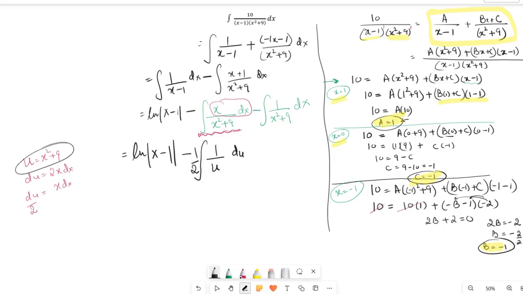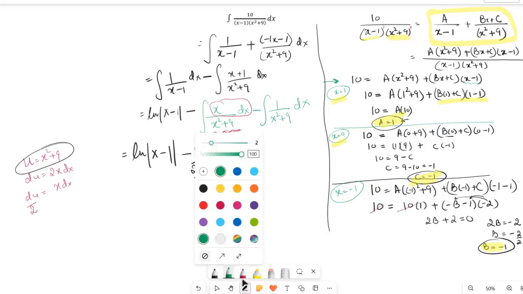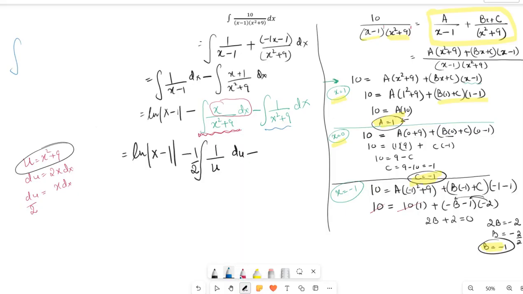Okay. Minus this last integral here can be done using the formula 1 by x squared plus a squared dx. The formula is 1 by a tangent inverse x by a. So in this case, a squared is 9, so a is 3. 1 by 3 tangent inverse of x by 3 plus c. We only have left the second integral to work out.